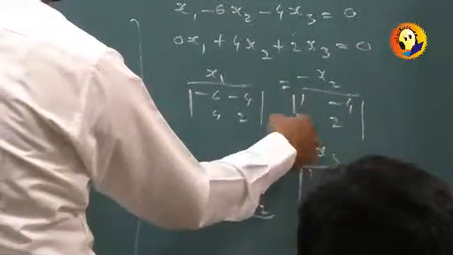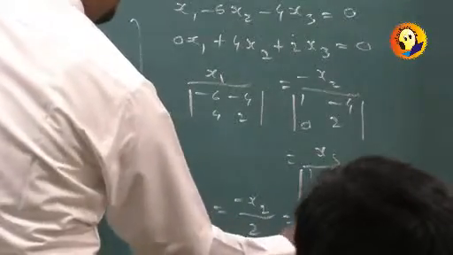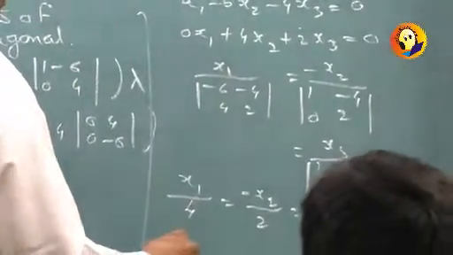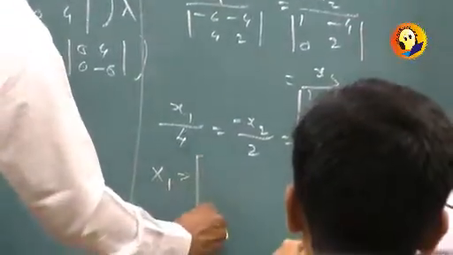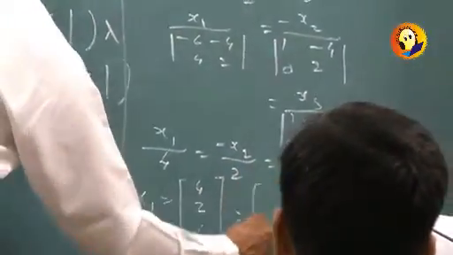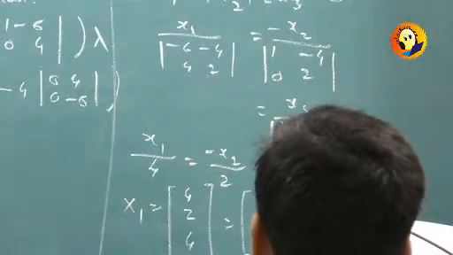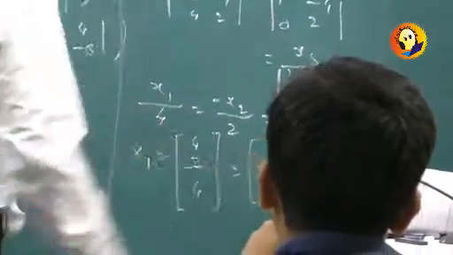This will be minus 4, minus 4, and so we get the first vector as actually 4 2 4. After taking 2 common, it will be 2 1 2, 2 minus 1. Yeah.